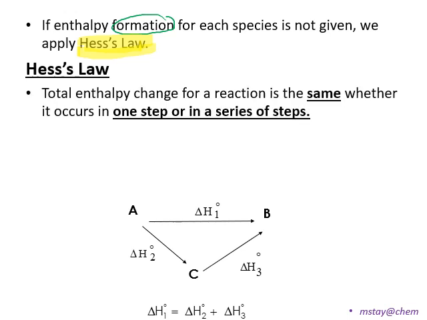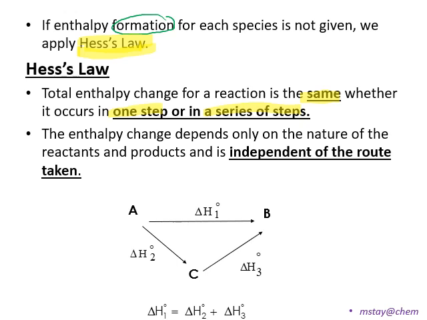According to Hess's law, the total enthalpy change for a reaction is the same whether the reaction occurs in one step or in a series of steps. The enthalpy change depends only on the nature of the reactants and products and is independent of the route taken.